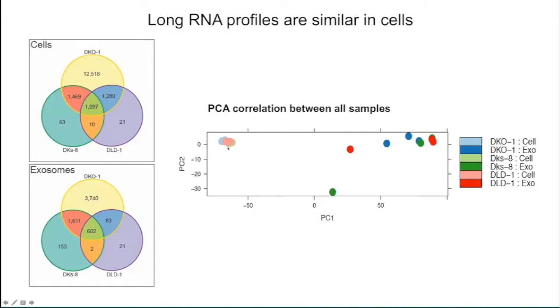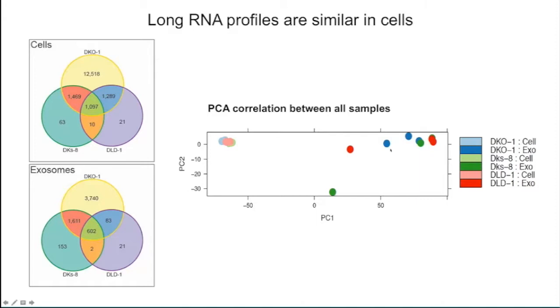You can't distinguish mutant KRAS from wild-type KRAS, and the expression patterns, which probably isn't surprising since these are isogenic cells, are very, very similar. When we do the long RNA-seq in exosomes, you can again see that there is a distinct difference in the RNAs that are exported to exosomes. So again, the RNAs that are exported are not simply a reflection of the cells, and that holds now for the longer RNAs, as I showed you for microRNAs.